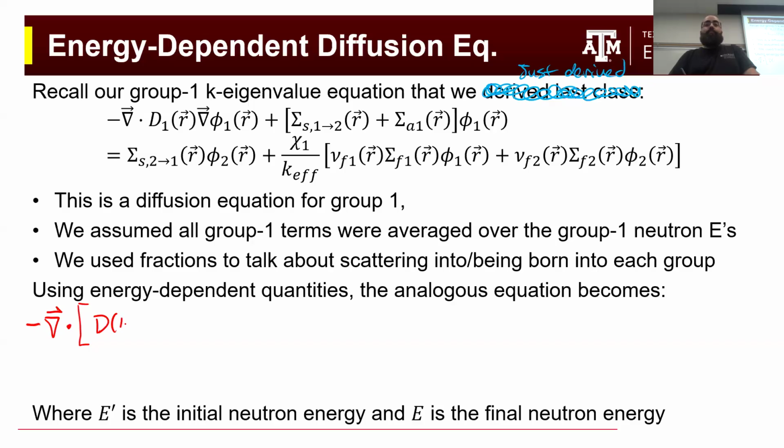So now my properties can vary with position and energy. So this is my energy dependent and position dependent diffusion coefficient. And then I'm going to have the gradient of my scalar flux, which also can now depend on energy and on position. That's the analogous form of that net leakage density term.